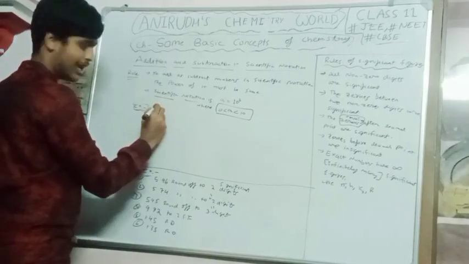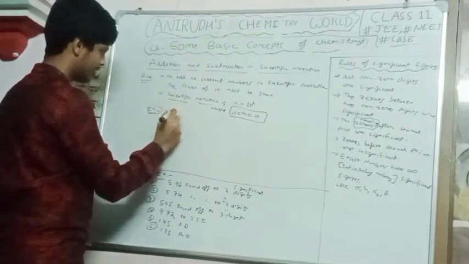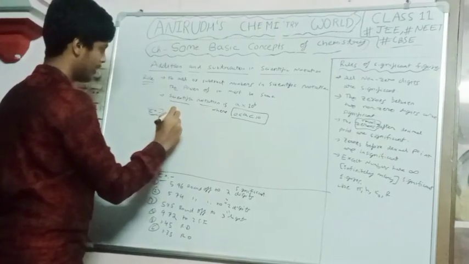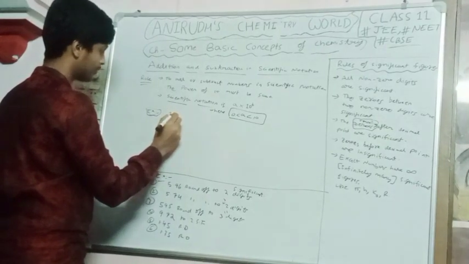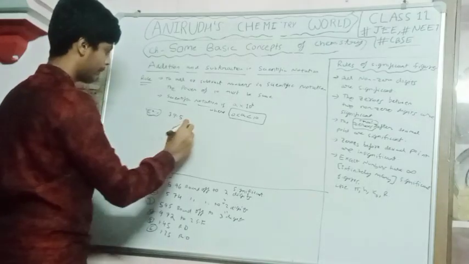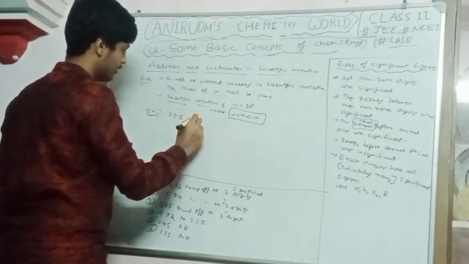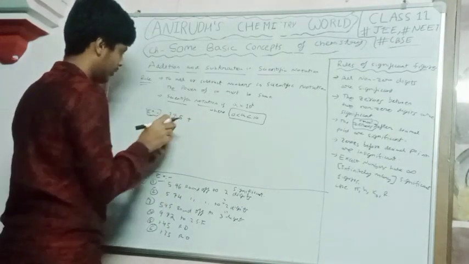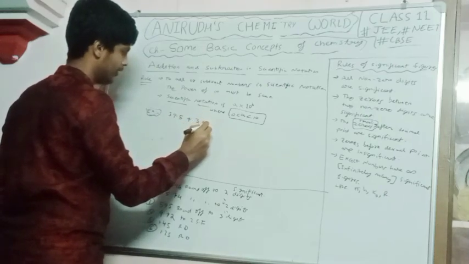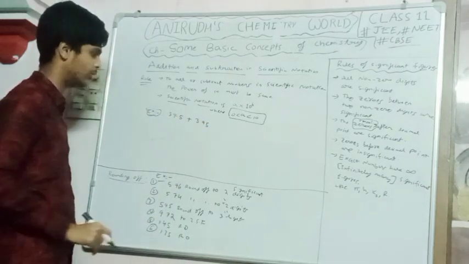Suppose I'll give you one question. Say two numbers, we need to add in scientific notation only. Suppose 39.5 plus, this is a simple question, 3.95. We need to add these two values.